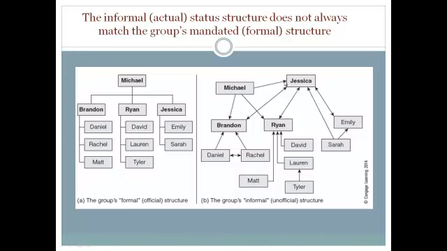Jessica has a lot of two-way communication, say between Brandon and Ryan and Emily, and Michael communicates with Jessica, but Jessica seems to have the goods on what is going on in the group. Ryan over here also gets information from several individuals here, but you can see that the structure looks quite a bit different when you look at it from the unofficial way.